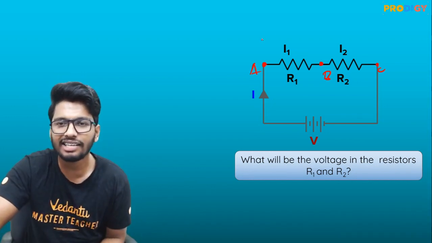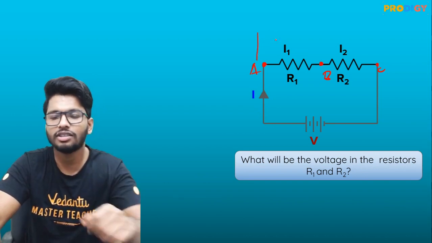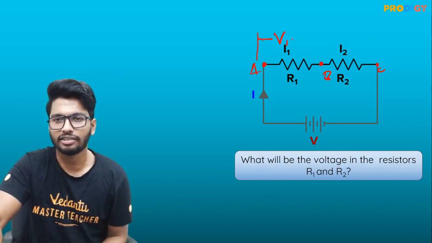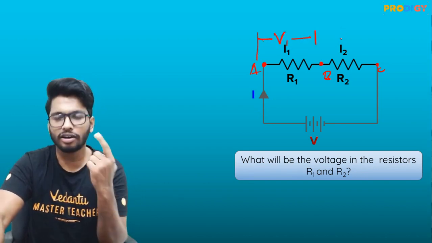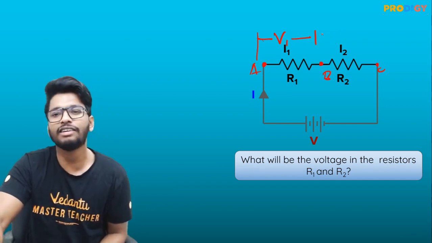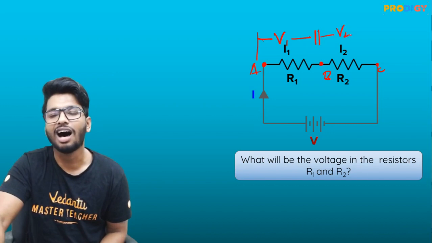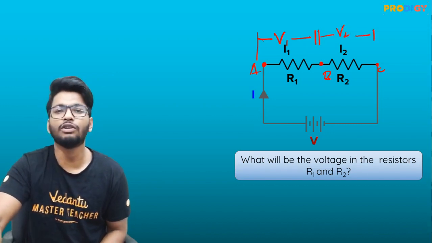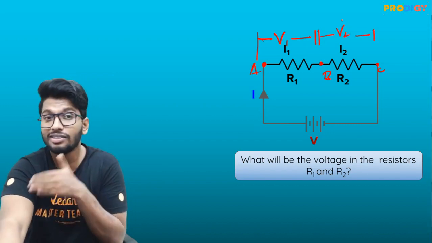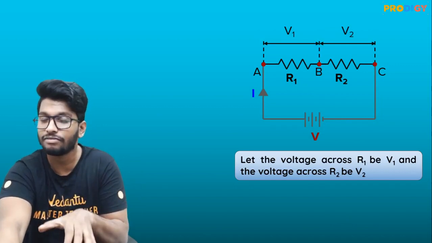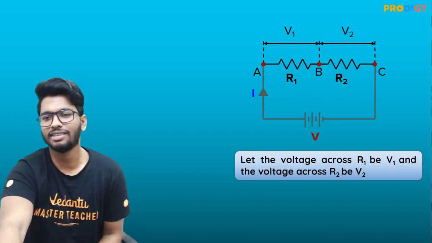Because of that, the voltage across points A and B for R1, which is V1, will be different compared to the voltage across R2, which is V2. So the voltage across the two resistors would be different, but the current remains the same.